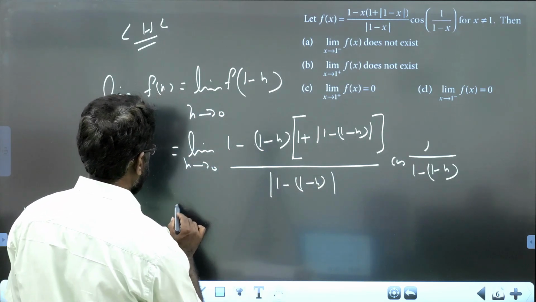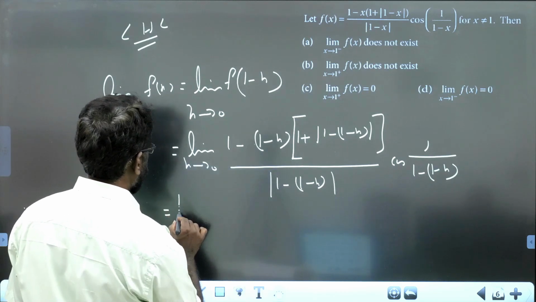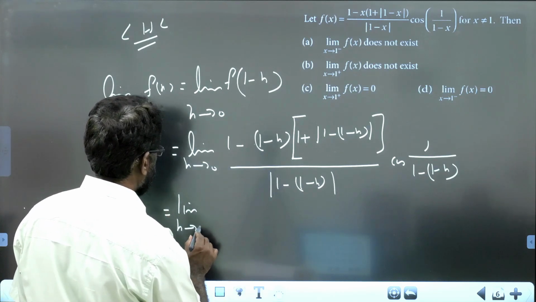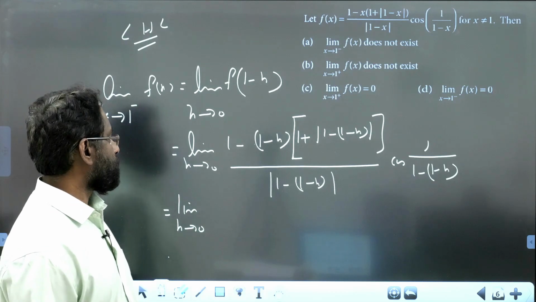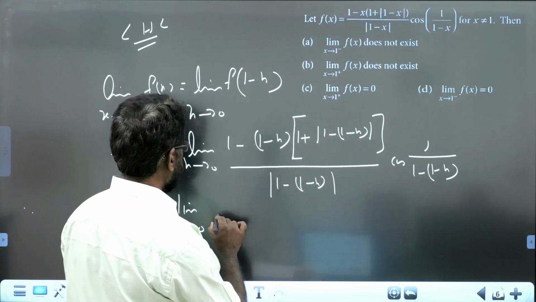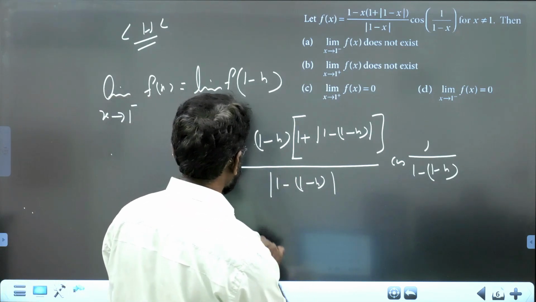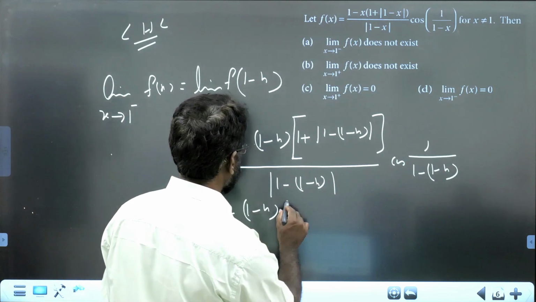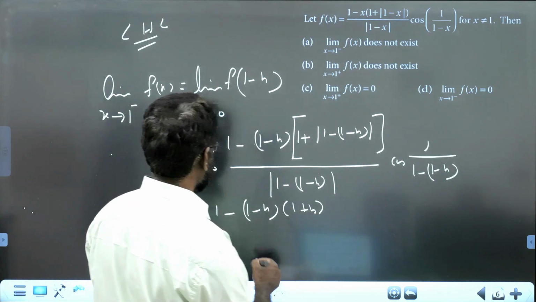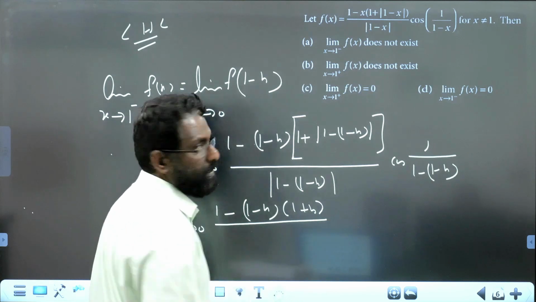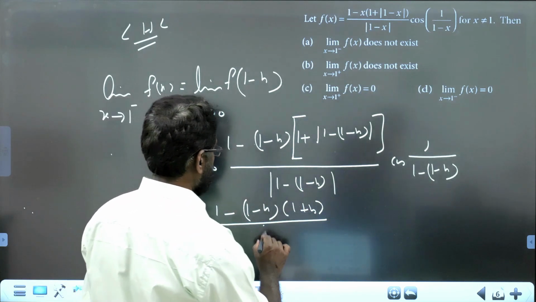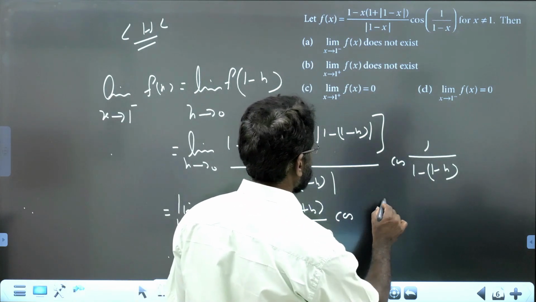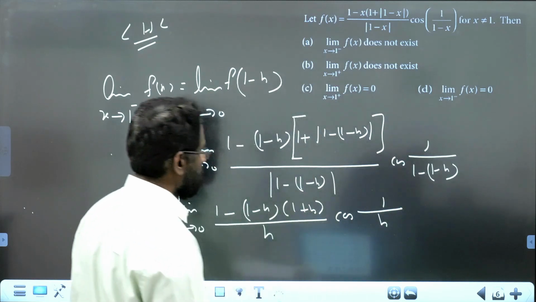That is equal to limit h tends to 0. When simplifying, we will get (1 minus h) into (1 plus h) divided by h, cos 1 by h.